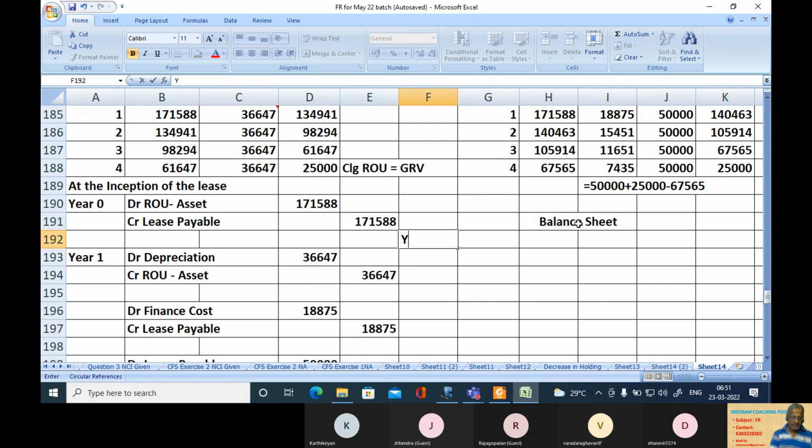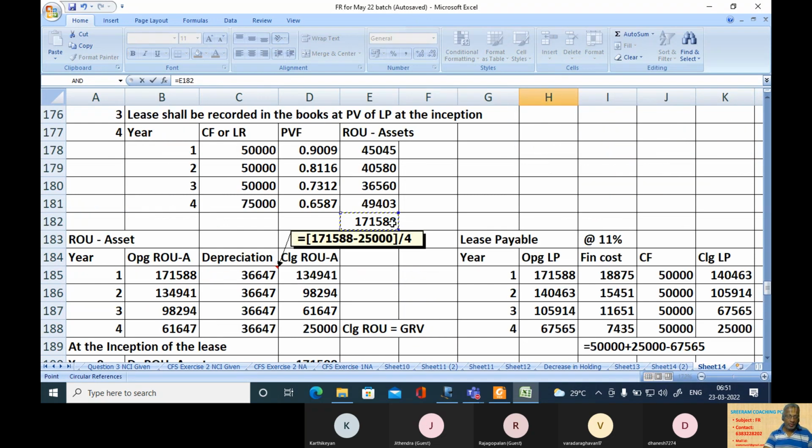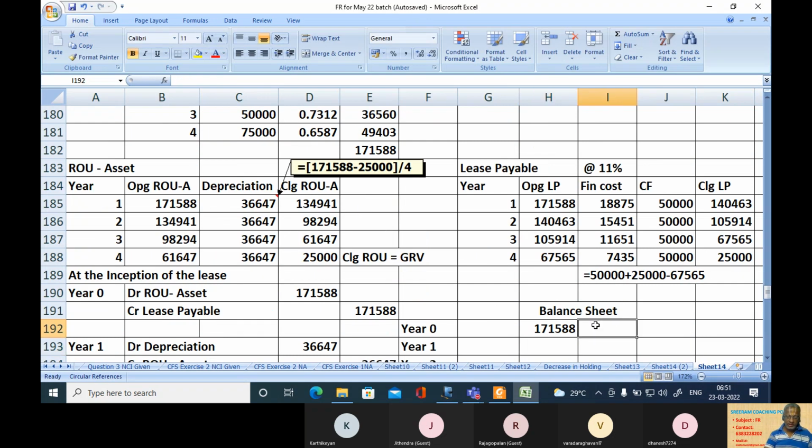So it is year 0, year 1. So this is going to be 171,588. Here ROU asset. This is lease payable.